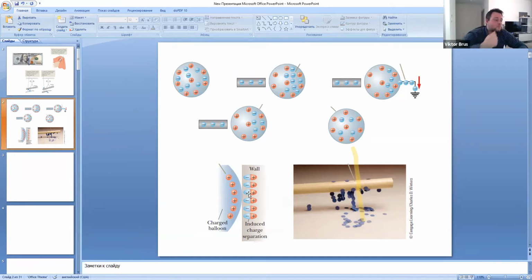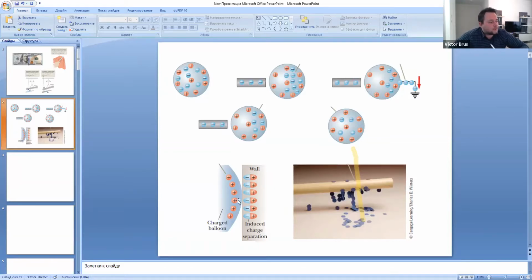However, under these conditions in the dielectric material, they cannot move in the volume of the material, and the only thing that can happen is so-called polarization.